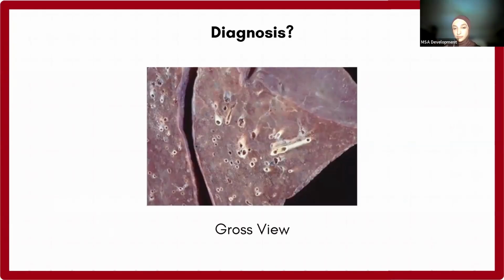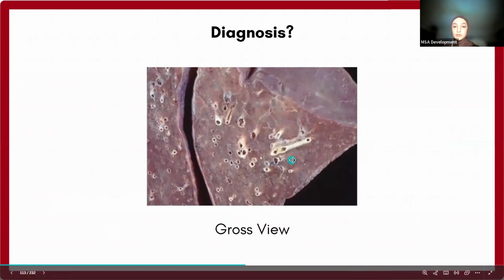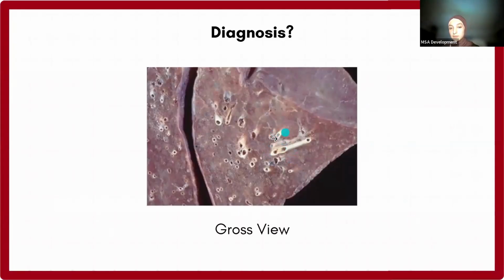Very easy. This is pulmonary hypertension, and you can tell because the vessels are very dilated. It usually occurs because of a mutation in the BMPR2 pathway. Just keep that in mind.